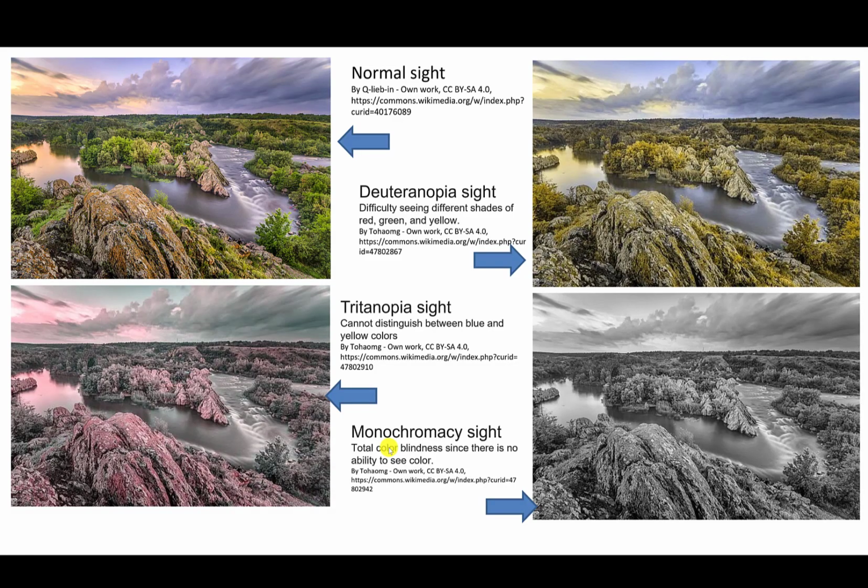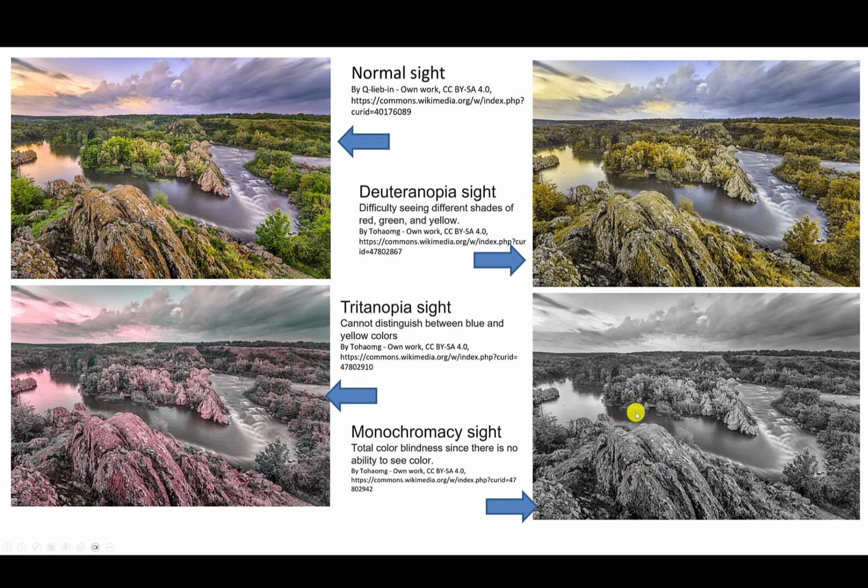Here are different types of color blindness. Sometimes they are losing the red, for example, here, so they will not really see the red color. Here they are losing the green, for example, they will not see the yellow or the blue.